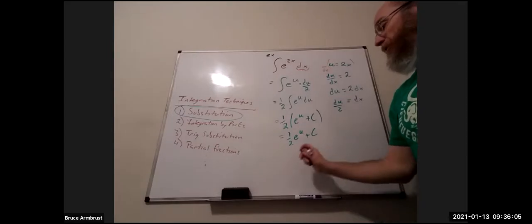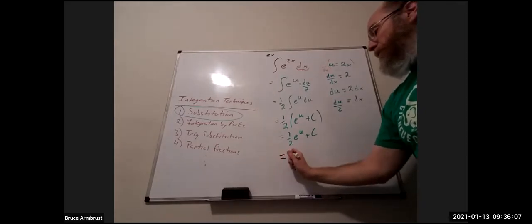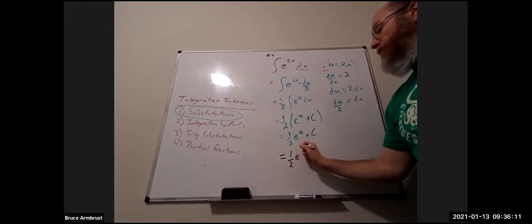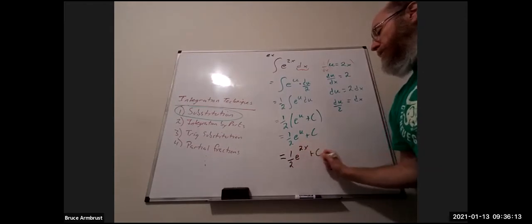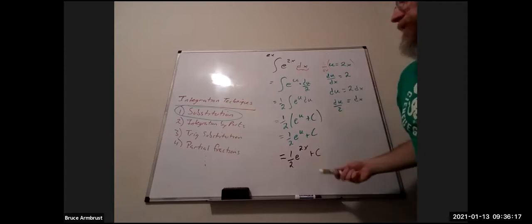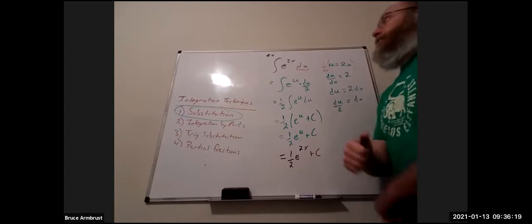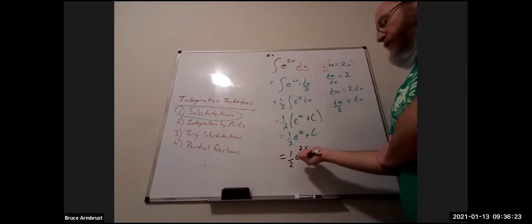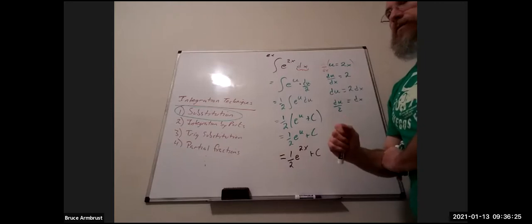So I need to change this u. I need to go back and substitute. I know that u was 2x. So here is the antiderivative of e to the 2x. It's 1/2 e to the 2x plus c.